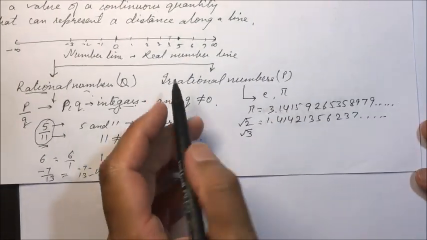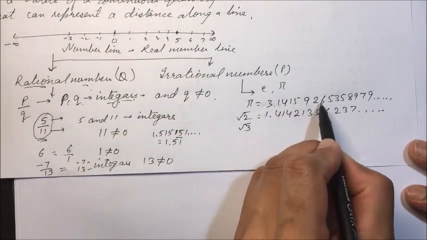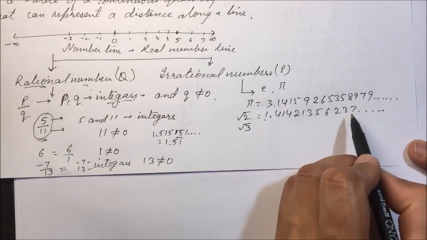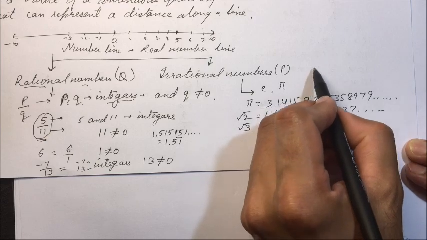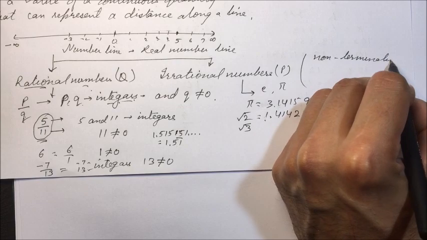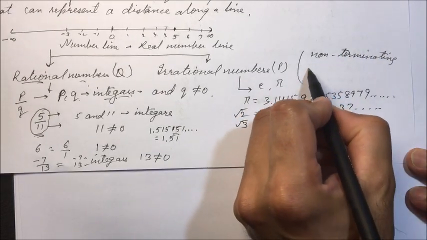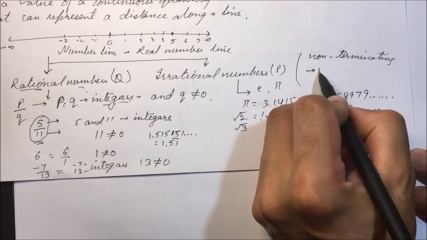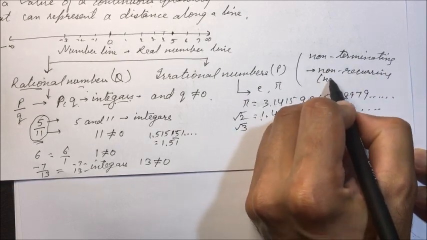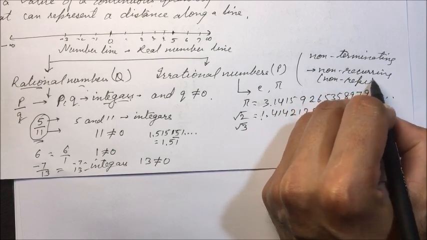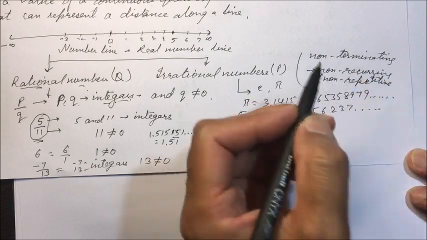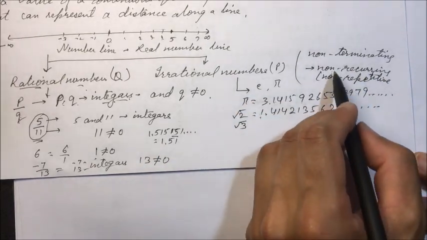Now see here, irrational numbers, pi 3.144, it is non-terminating. Both are non-terminating, but both are non-recurring. That means non-repetitive.